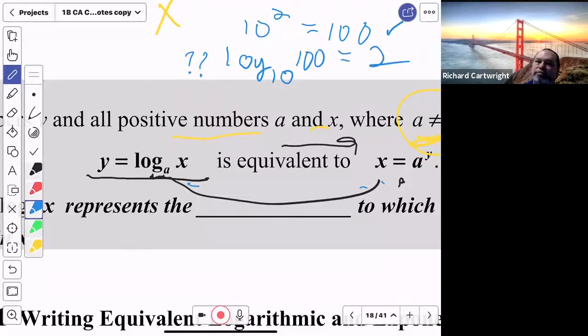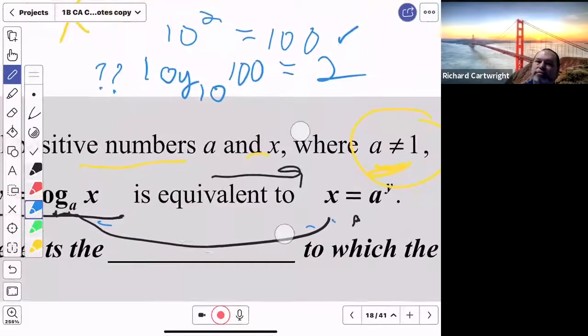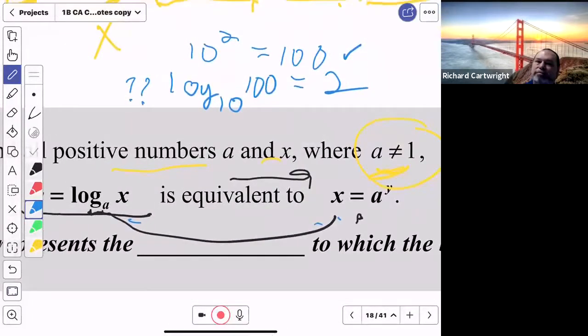Now I understand it, because I'm old now. But watch. If 10 squared is 100, which you all agree, I can turn that into a log with the same base. Now this is my base. So now my base came down here. Log base 10. And since the answer to the exponential was 100, the answer becomes the problem.